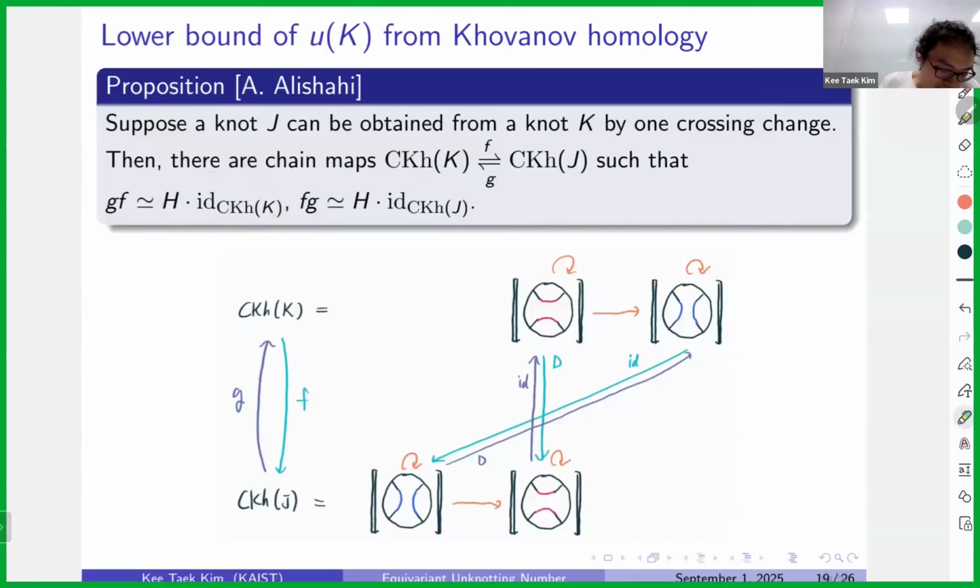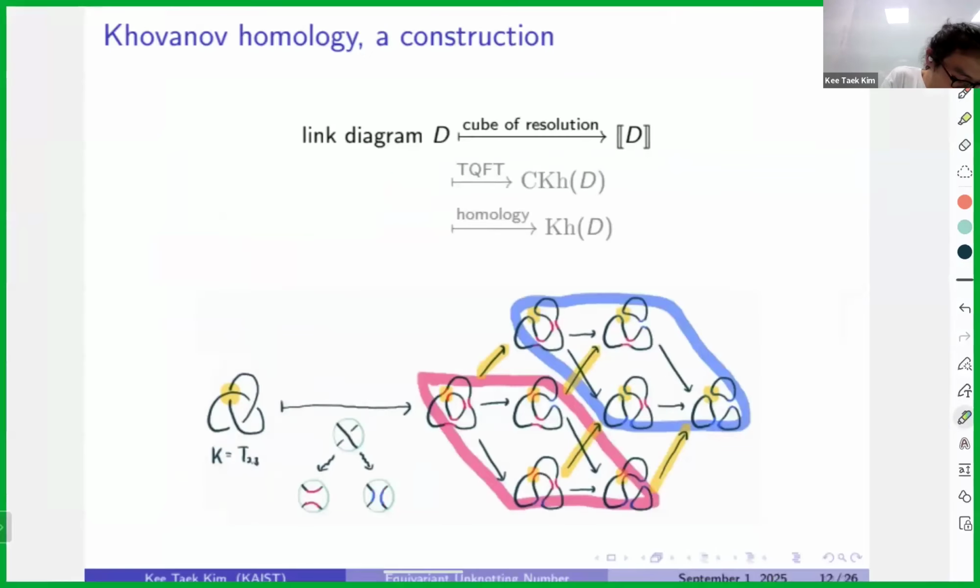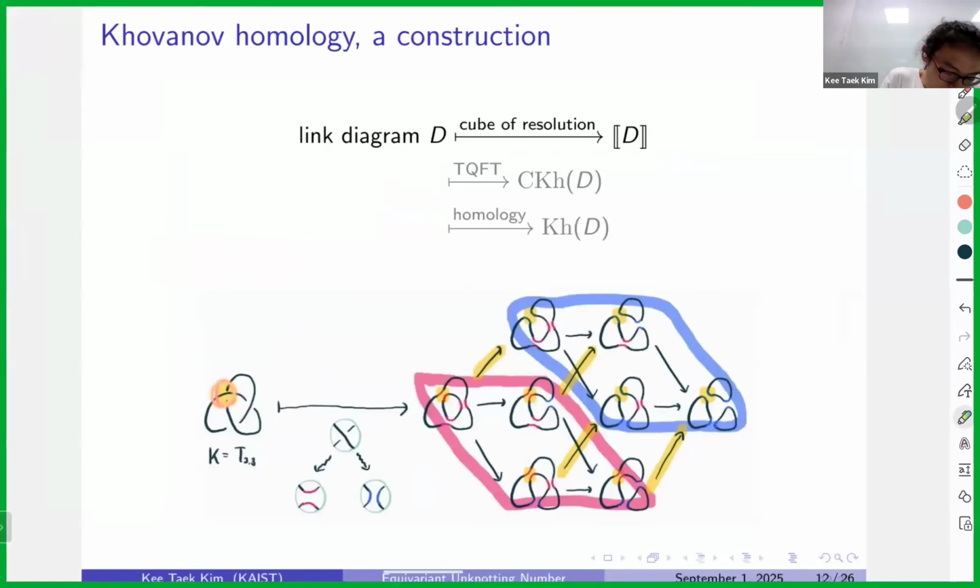The idea is that, as I said before, if we concentrate on one crossing, then the whole complex is divided into two parts. And if we change the crossing from this into this, then the roles of this red part and blue part are changed.